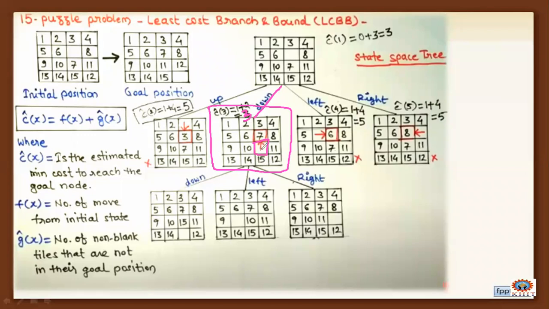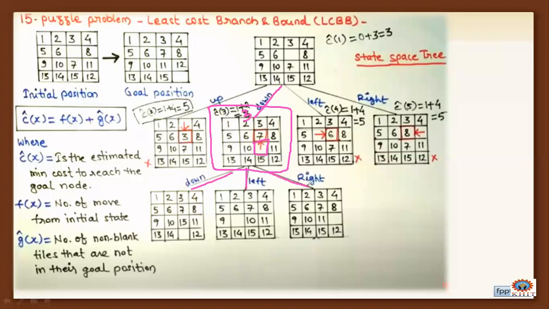You do not have the possibility to move upward. If upward is not possible, what are the ways? Either go for downside, go for left side, go for right side.